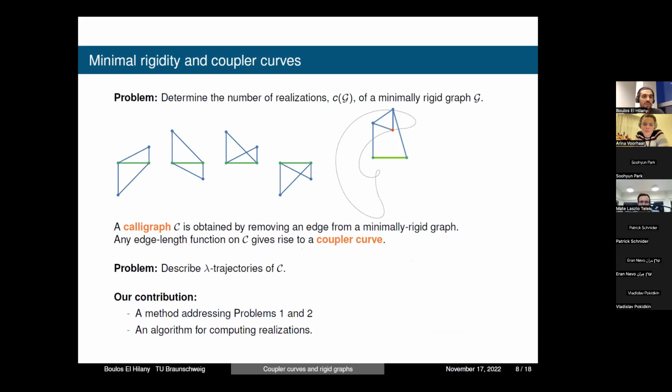Our work with Niels Lubbes and Josef Schicho is twofold: we produce a method that computes the number of realizations of minimal rigid graphs and describes coupler curves, and we implement an algorithm that does so.